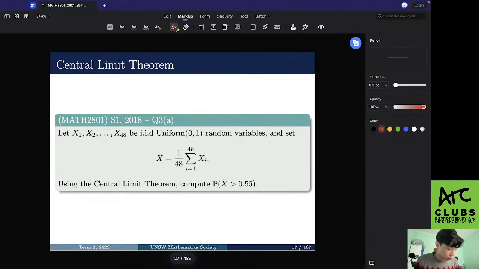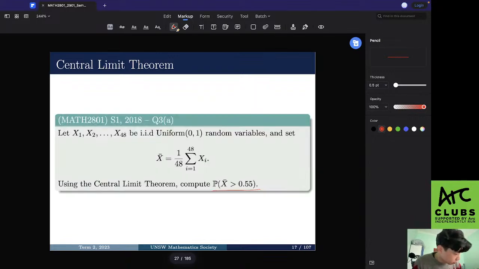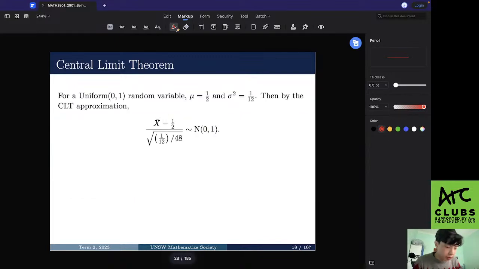So now that we know what central limit theorem is, let's use it to compute this probability that the mean is greater than 0.55. The first thing to do is we notice that each individual distribution is a uniform from 0 to 1. So we can use this information to first find the mean, then find the variance to find the sigma, right?